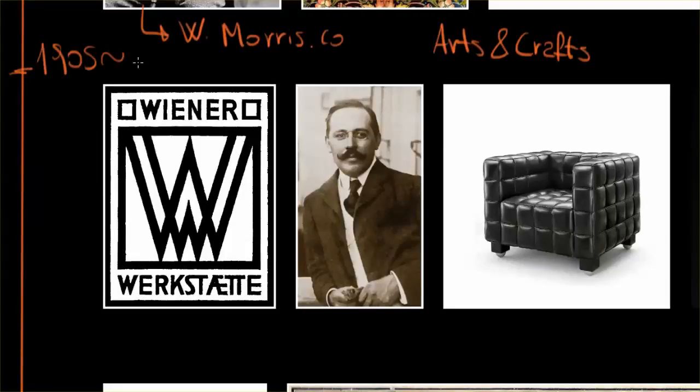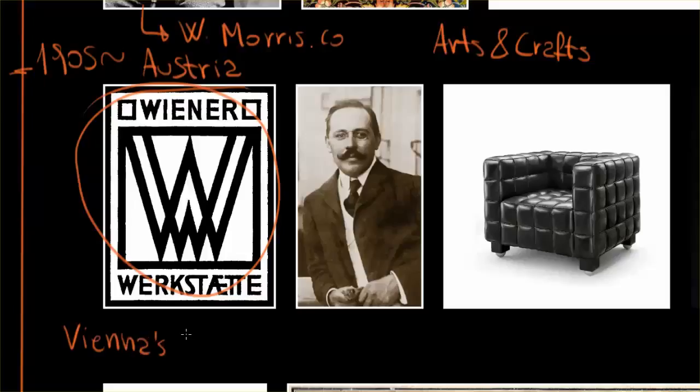And as we progress along time, we get into the 20th century, more specifically close to 1905, and we get across the pond to Austria, more specifically to Vienna, and that's where this company comes from, the Wiener Werkstätte. I'm pretty sure I'm pronouncing it wrong. I have no idea of German, but that can be loosely translated to Vienna's workshops.